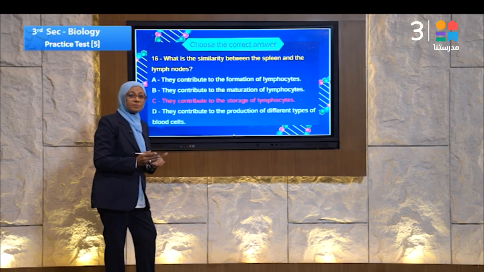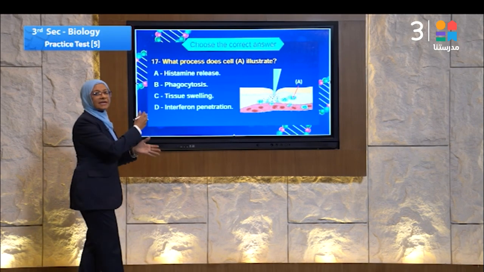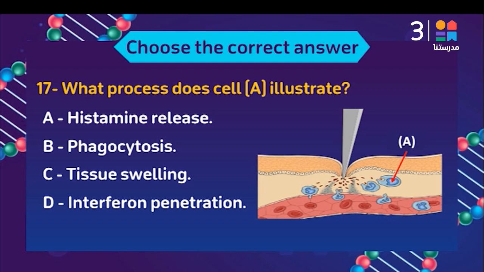Let's go to question number 17. It speaks about immunity again. What process does cell A illustrate? The cell A here maybe has a secretion. What will it do?